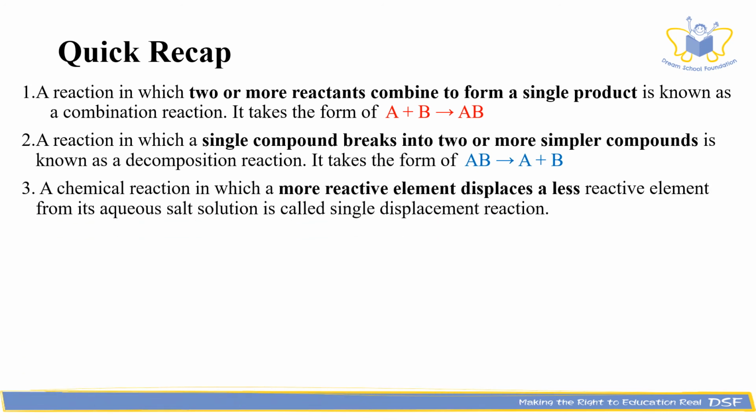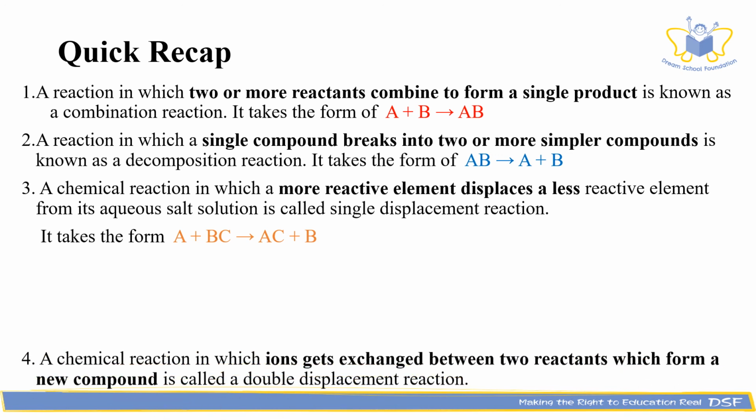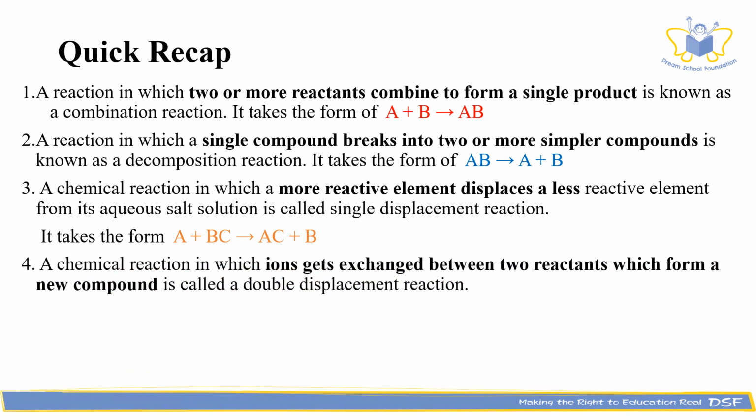Third, a chemical reaction in which a more reactive element displaces a less reactive element from its aqueous salt solution is called a single displacement reaction. It takes the form A plus BC gives AC plus B. Fourth, a chemical reaction in which ions get exchanged between two reactants to form new compounds is called a double displacement reaction.